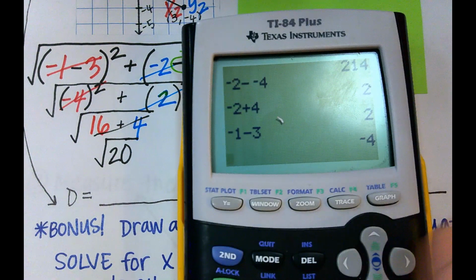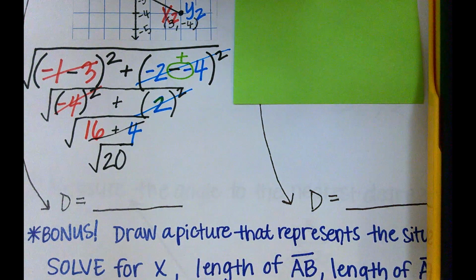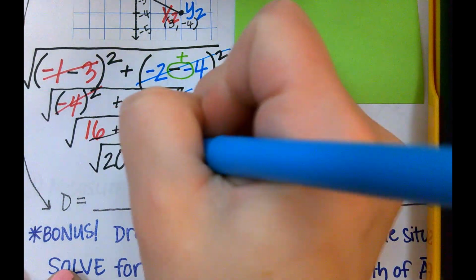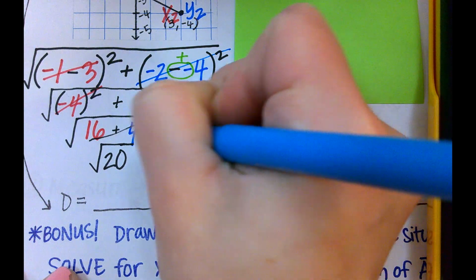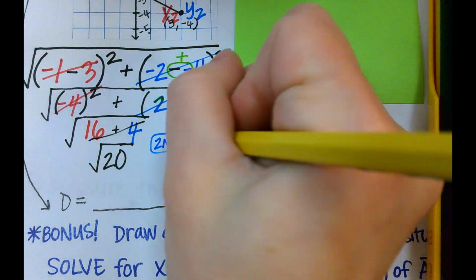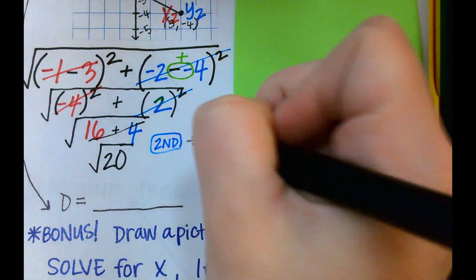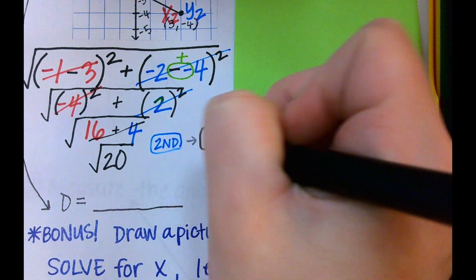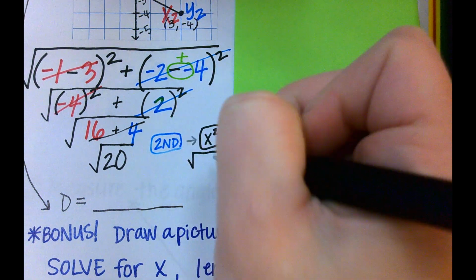And remember, guys, the way that we do square root on our calculator, if you need to write a note, for square root, we do second, the blue button, and then we do the x squared button. And that is to give us our square root.